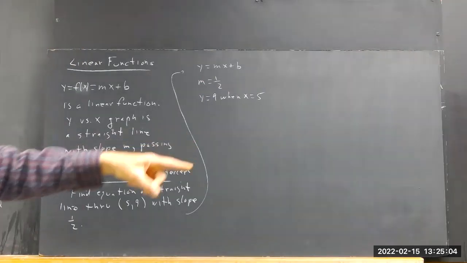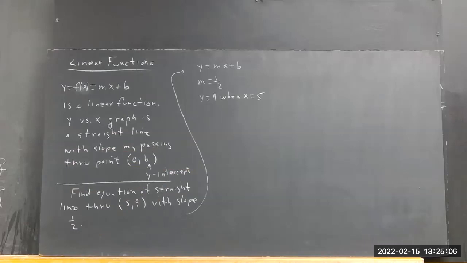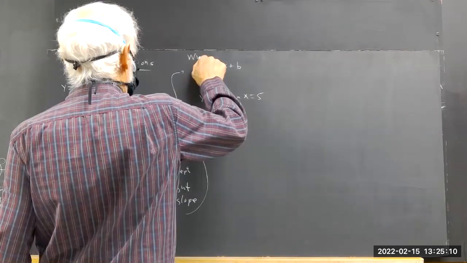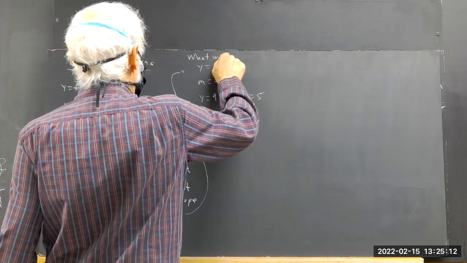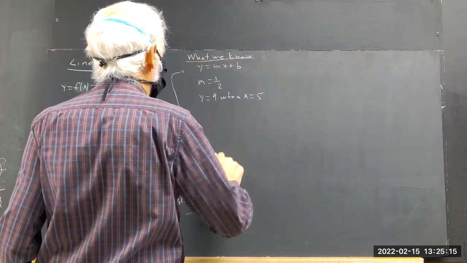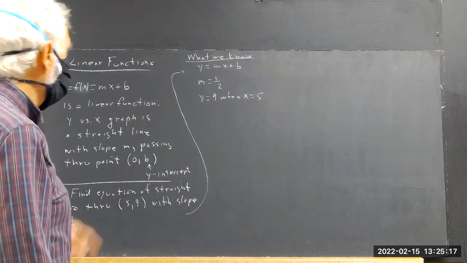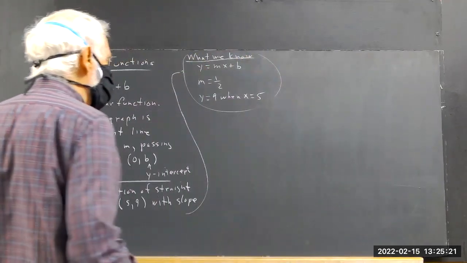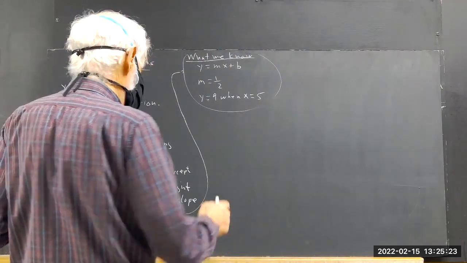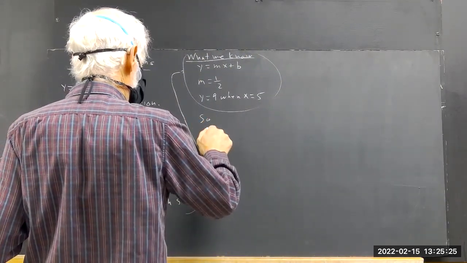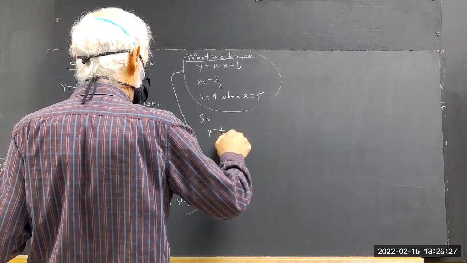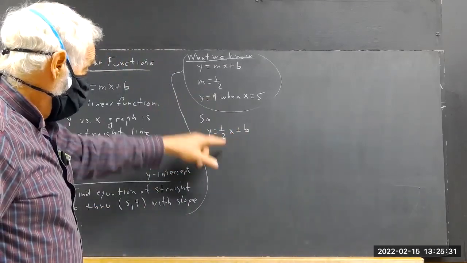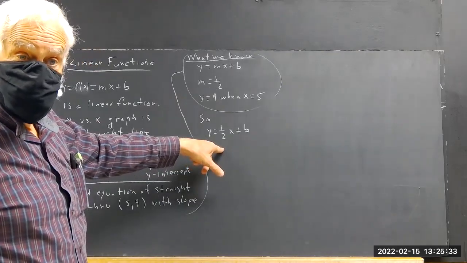It's what we know from what we said here. What we know is this. Okay, so we can write it. m is 1/2, so y is 1/2 x plus b, right?